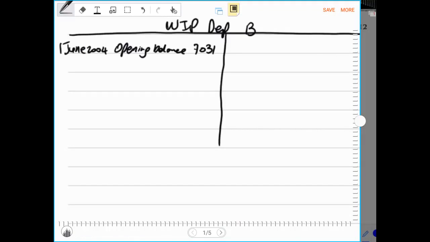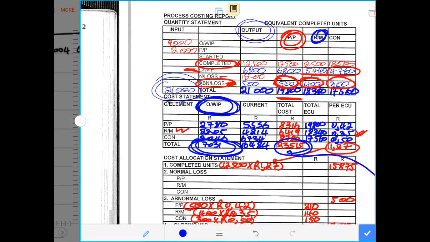So now it will be 7,031. Then I will have to immediately go and check the previous process. Check how much was allocated from the previous process, process 1. We take into account the previous process cost.